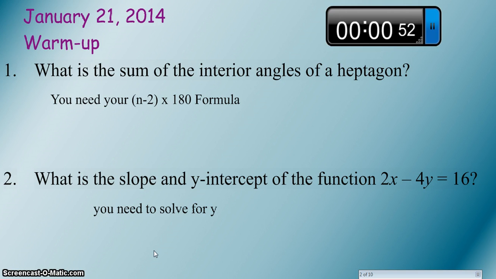Problem number 2, solving for y, means you need to subtract 2x to the other side. 25 seconds.